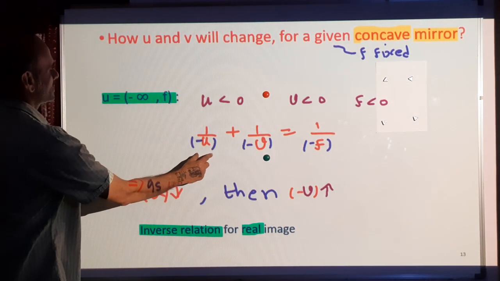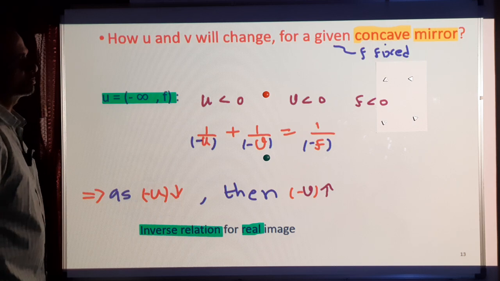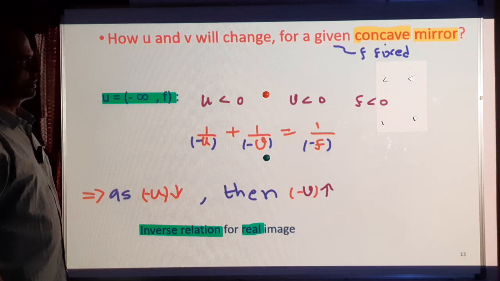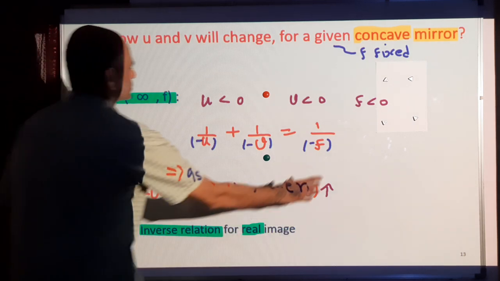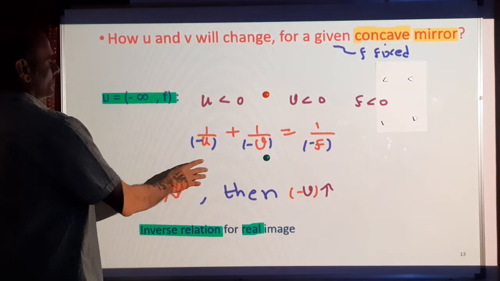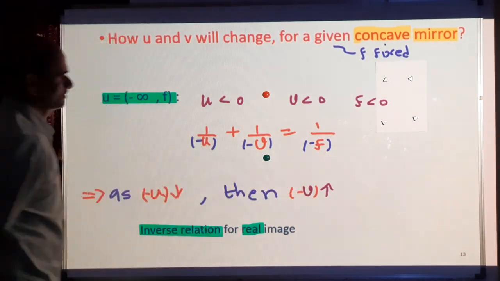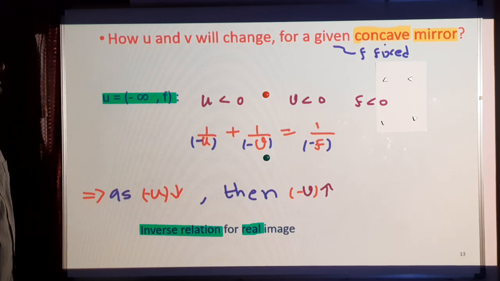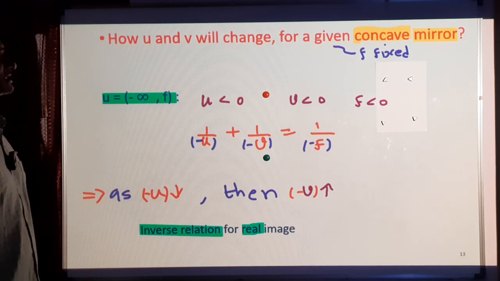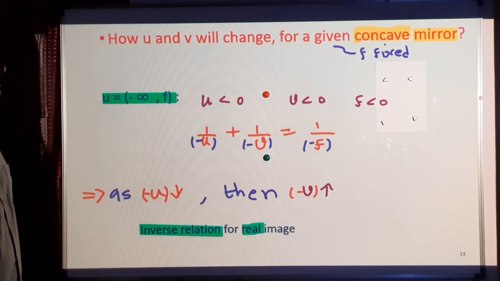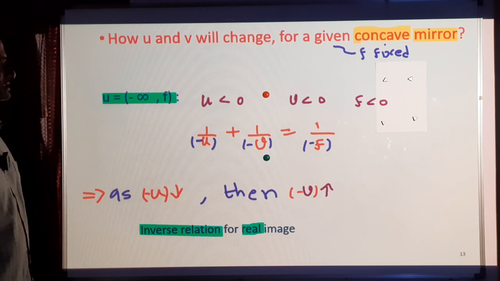The quantities in the bracket are positive quantities. It's easy to understand in terms of positive quantities. For a given mirror, the focal length is fixed, so the right side is a constant. So the object moves, this thing will change, and correspondingly this has to change. So the sum of 2 terms is a constant. Since the sum of 2 terms is a constant, if the first term is increasing, the second term has to decrease. So there is an inverse relationship between the object distance and the image distance.